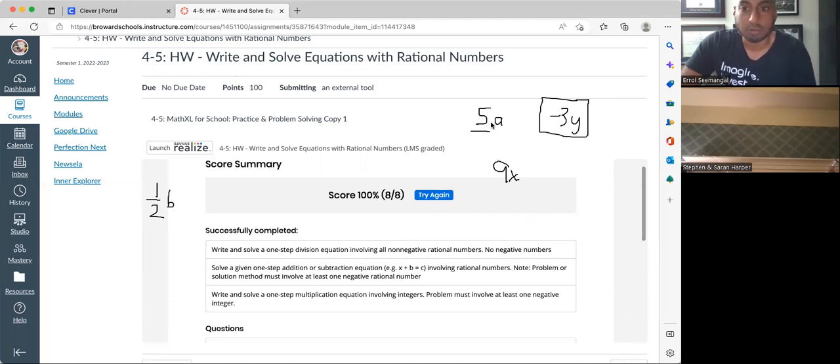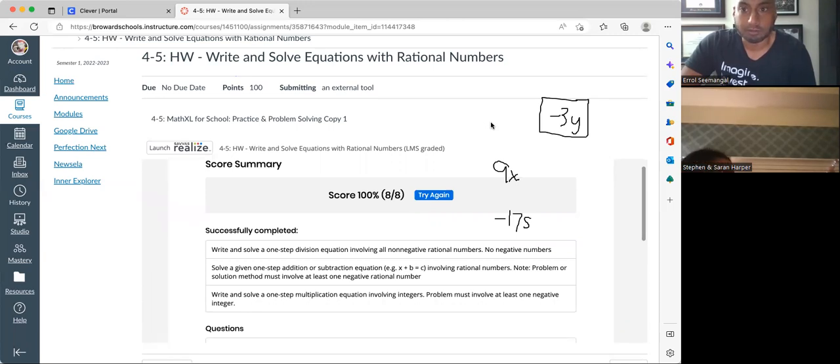What's the coefficient on this one? Negative 17. Okay, so do you know what coefficient means now? Yeah, it's the number beside the variable. Okay, so keep that in mind.